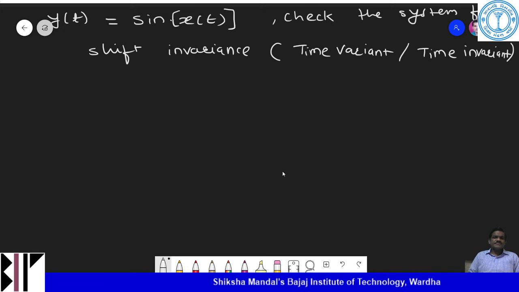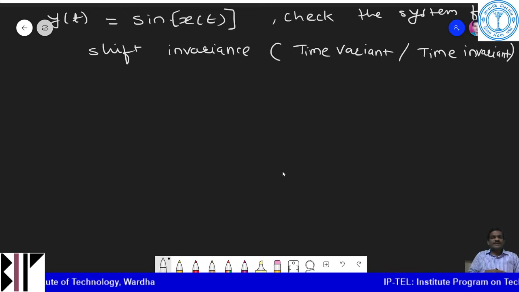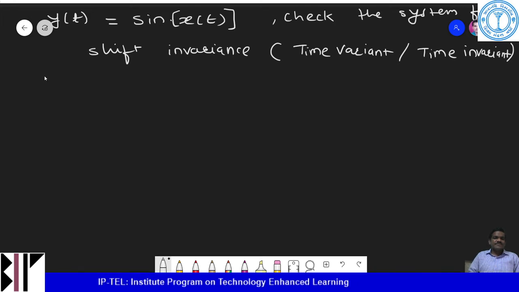The first step is we have to shift the input by some time period, or you can delay that input by a time period. Let us say t1 time period. So the first step is to shift the time, or time shift at input, or delay.